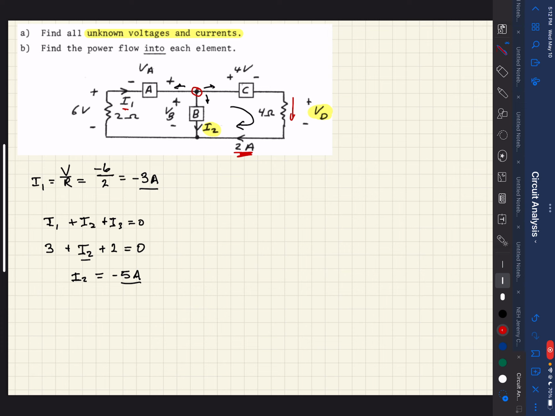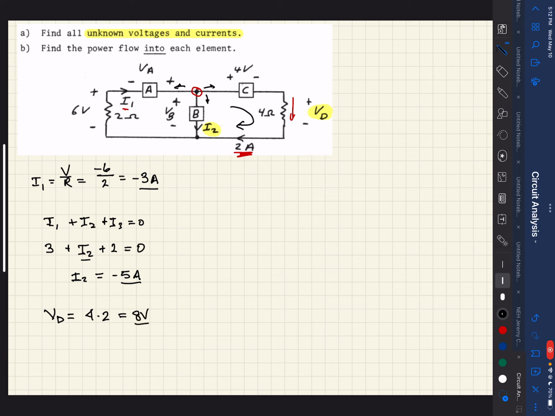So we can use Ohm's law again to determine that value. VD is equal to 4 ohms times 2 amps. So that will give us 8 volts.